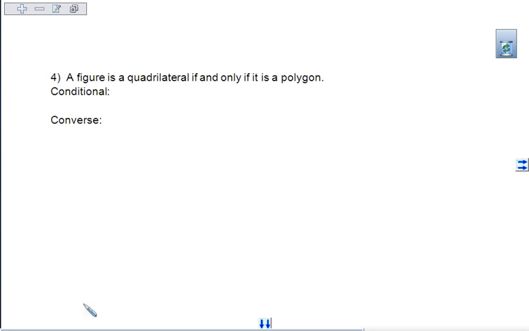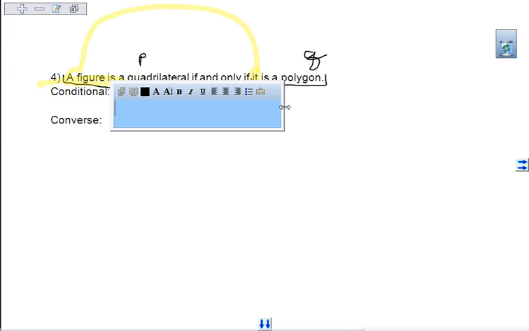Next up, same thing. What's our hypothesis of that biconditional statement? A figure is a quadrilateral. And what's our conclusion? It is a polygon. And what does it refer to? A figure. So what would our conditional statement be?